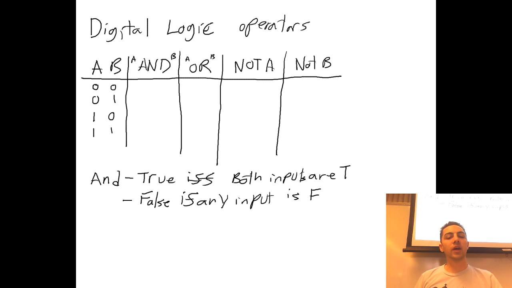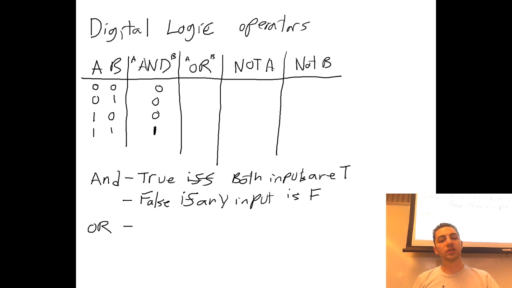So true if and only if both inputs are true. That's, in this instance right here, A and B are both true, so the output is true. The rest are false. If you look at it the other way, from the flip side of the coin, it's false if any input is false. So here, these first three lines have a 0. They're false in at least one of the input operands. So that's how we define the AND function.